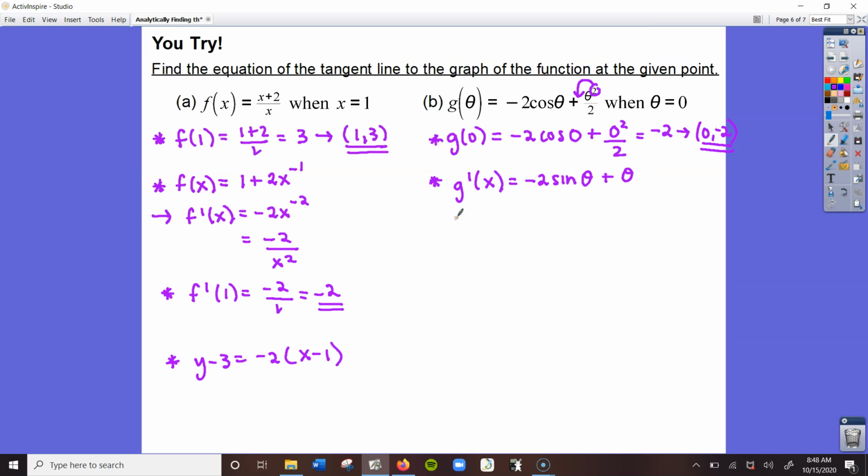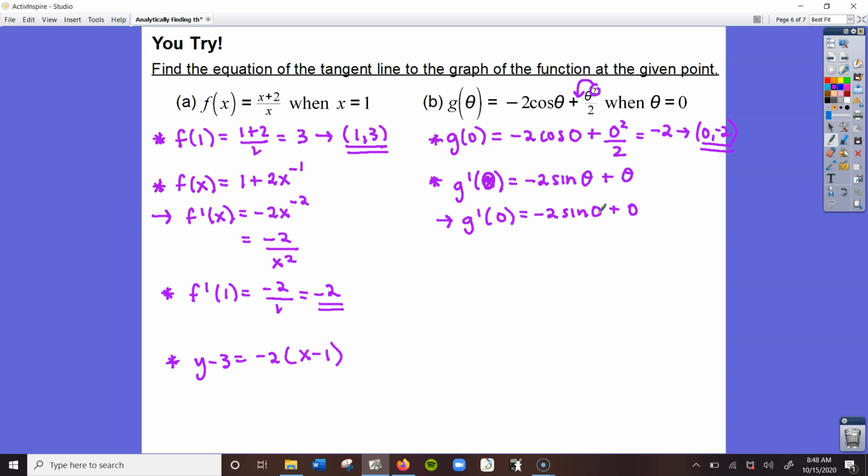Now I can plug in theta is equal to 0. So I'm looking for g prime of, I put g prime of x, this is supposed to be theta, sorry. So g prime of 0 is going to equal negative 2 sine of 0 plus 0.